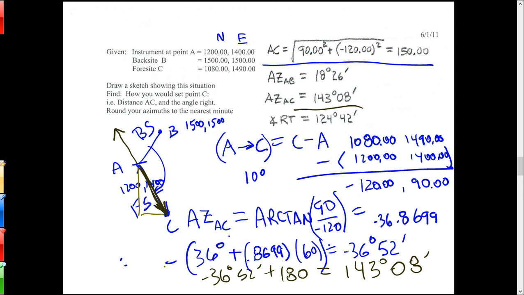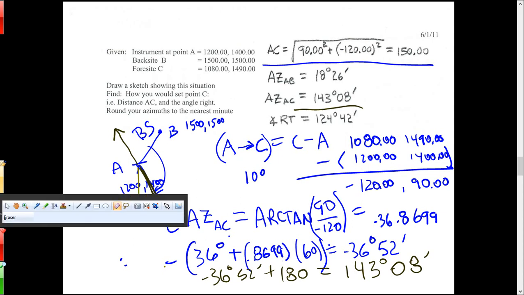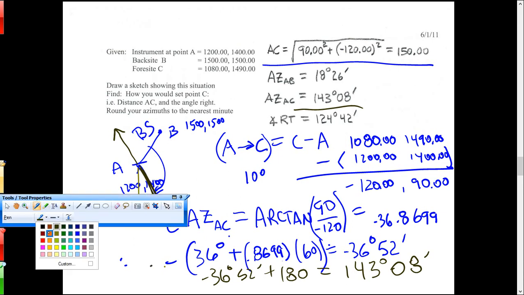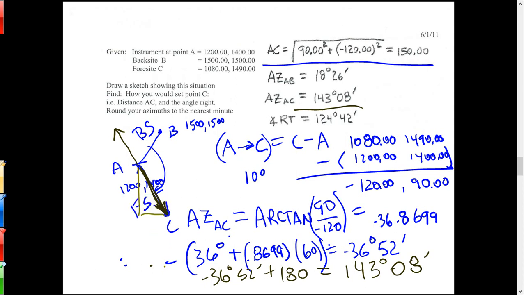Doing all right with that? Okay, now you do the same thing to get from A to B. You're going to take B minus A. So B is 1500.